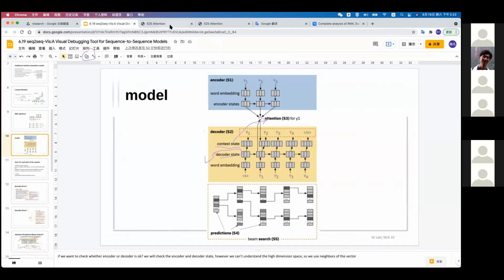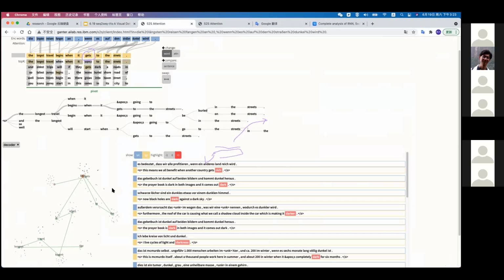So basically, the decoding state contributes to the attention calculation. Yeah. So we can confirm that attention will not contribute to the decoding space, the decoding vector. So if we want to have a final output, there are multiple ways to combine the decoding vector and the attention mechanism. Yeah.